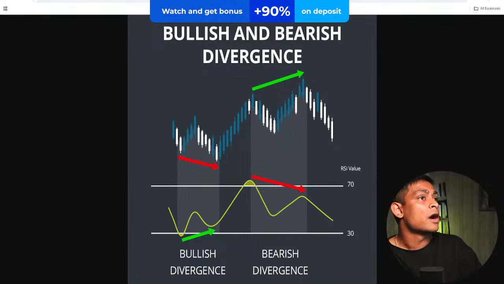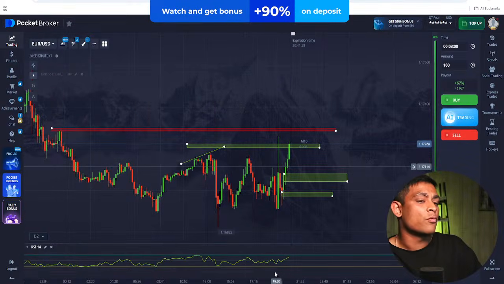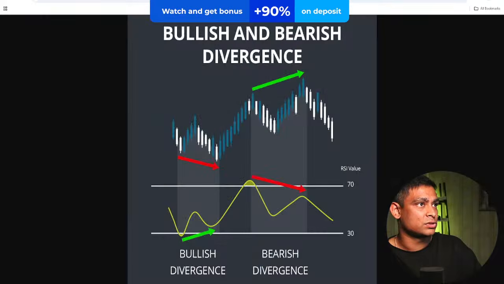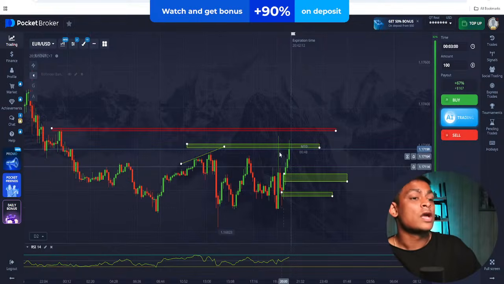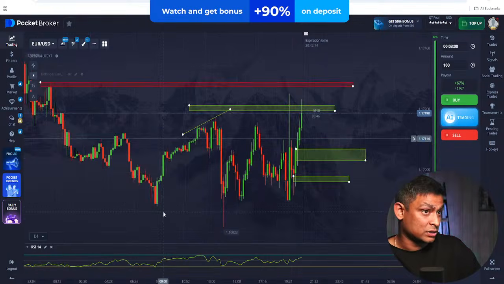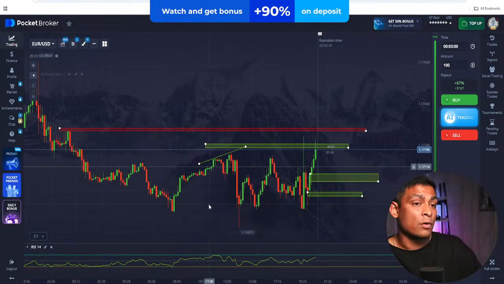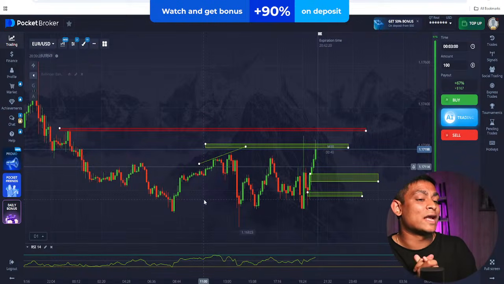So we will try to find out bullish divergences, or possibly from this level we can also try to find out bearish divergences. But we have to wait and watch what the price does.